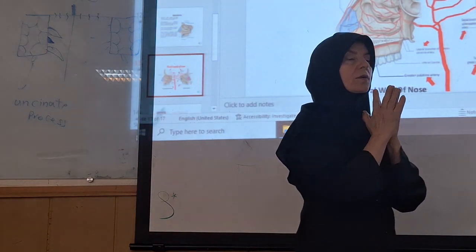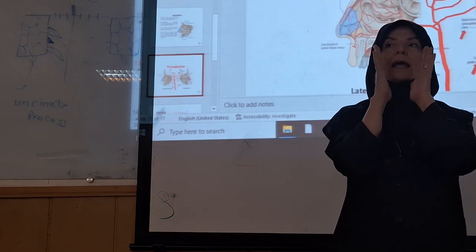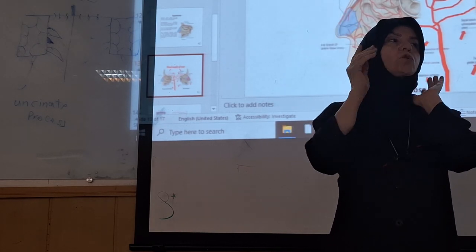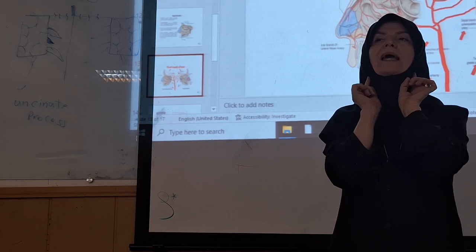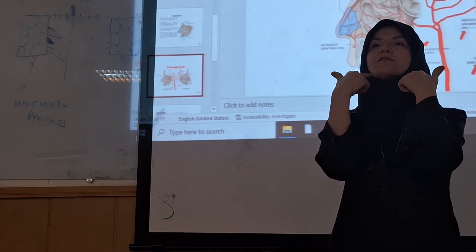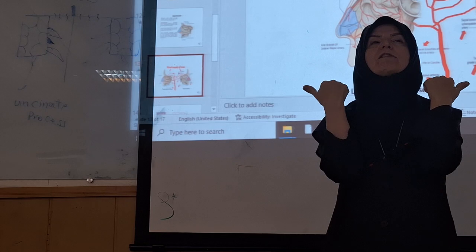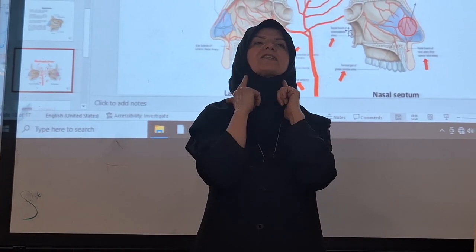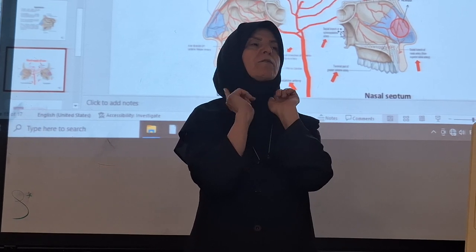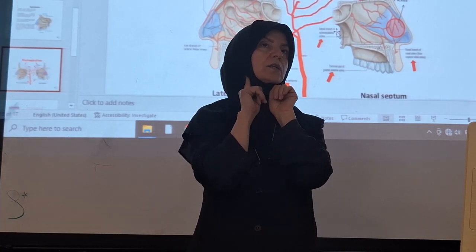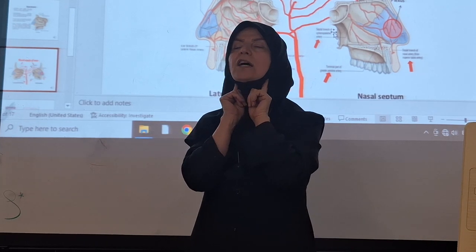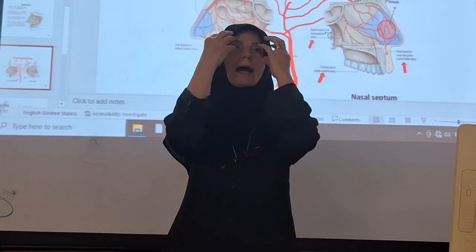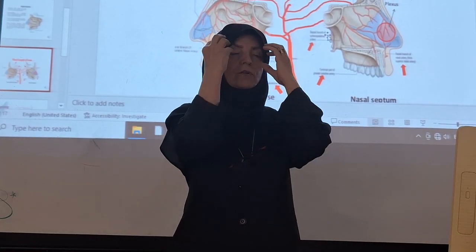It leaves the neck without any branch and enters the skull through a foramen in the base of the skull. We call this foramen the carotid canal, the passage for the internal carotid artery. It goes inside the skull to supply which part? The brain and the orbit, all of the structures in the orbit.